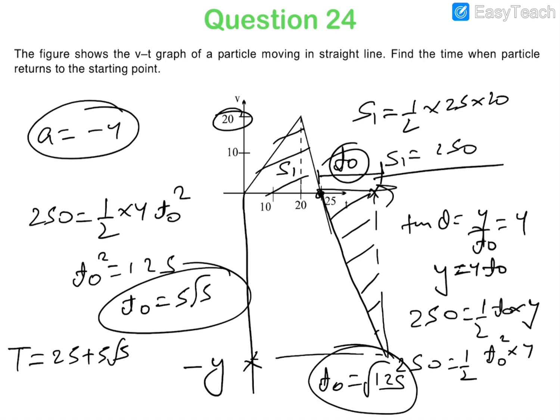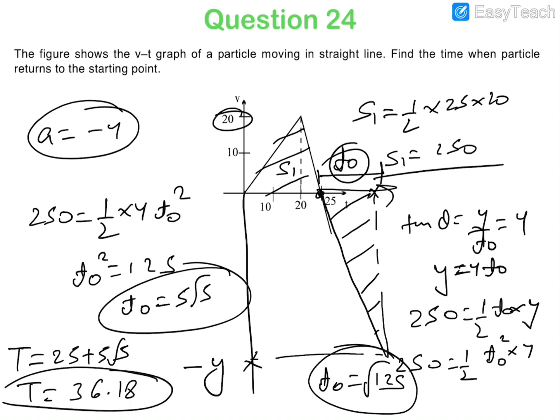It is 2.23, and 2.23 into 5 is approximately 11.18. So t will be approximately equal to 36.18.